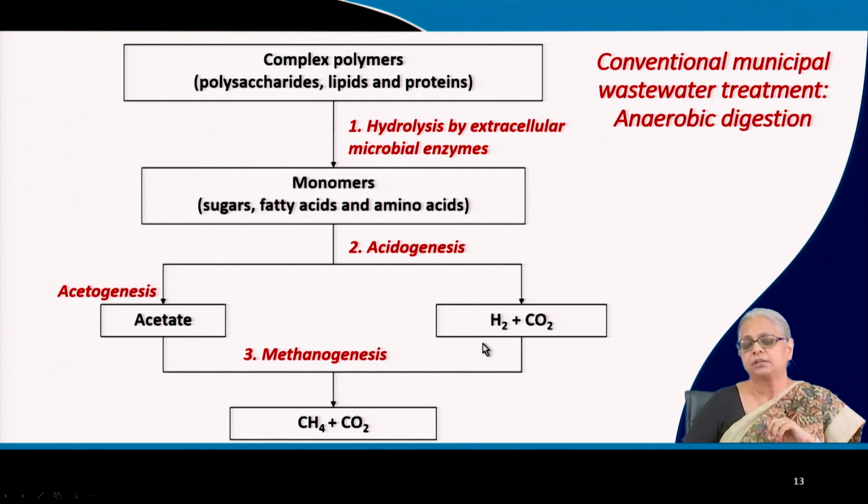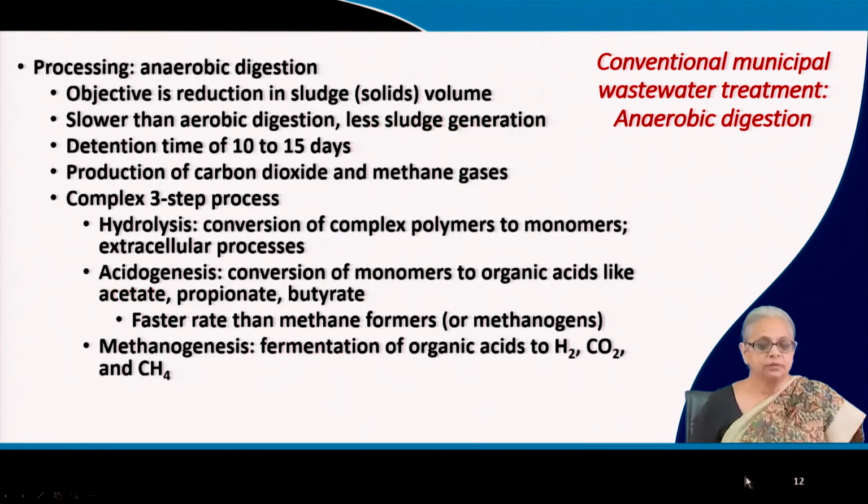You also get the production of hydrogen and carbon dioxide, and these together are going to be utilized by methanogenic bacteria to get the final end product, which is methane and carbon dioxide. That in a nutshell is what the 3 or 4 step process of methanogenesis is. So in all cases, it's fermentation of the initial organic matter, which is mostly in the form of biomass from the aerobic processes.